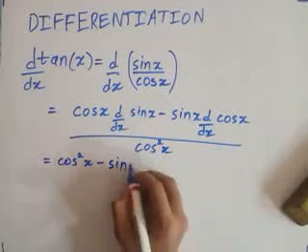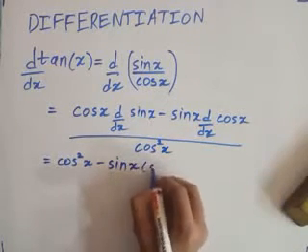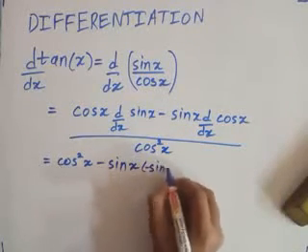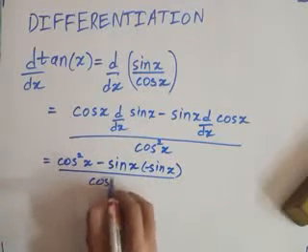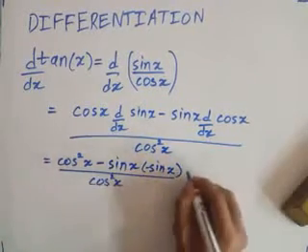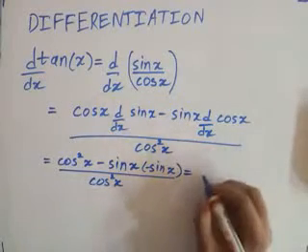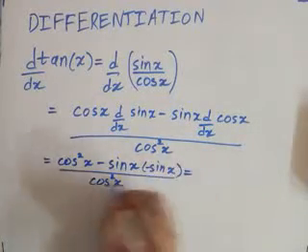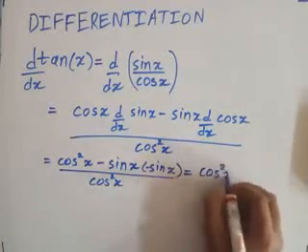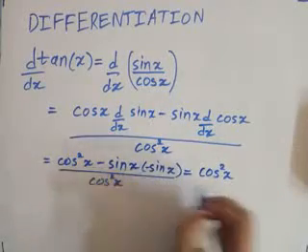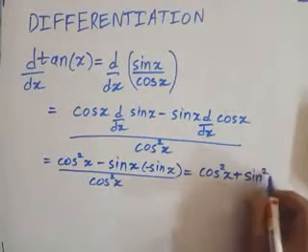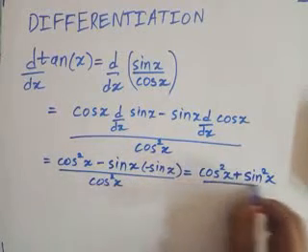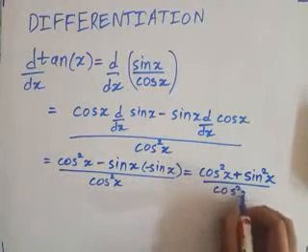So I'll have sine x multiplied by minus sine of x, and this entire thing divided by cos square x. Now this of course is just equal to cos square x, and since I have two negatives I can rewrite it as a positive, and sine square x divided by cos square x.